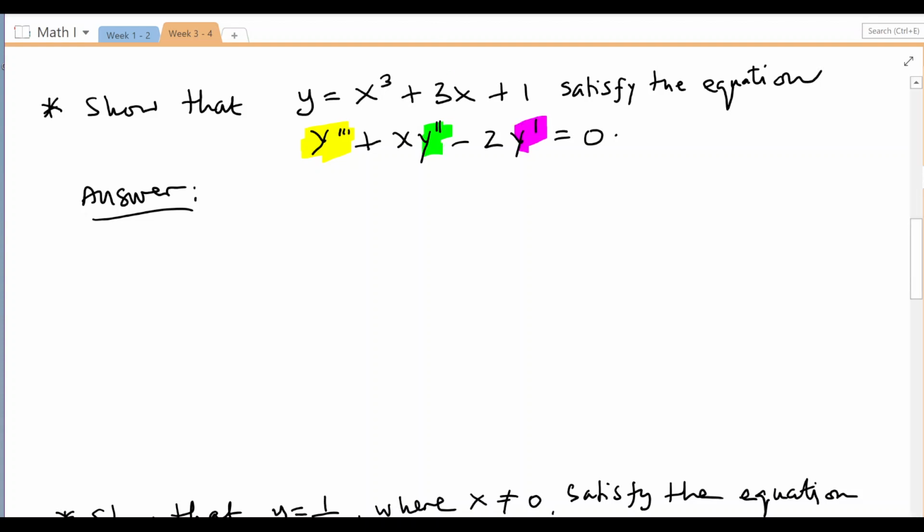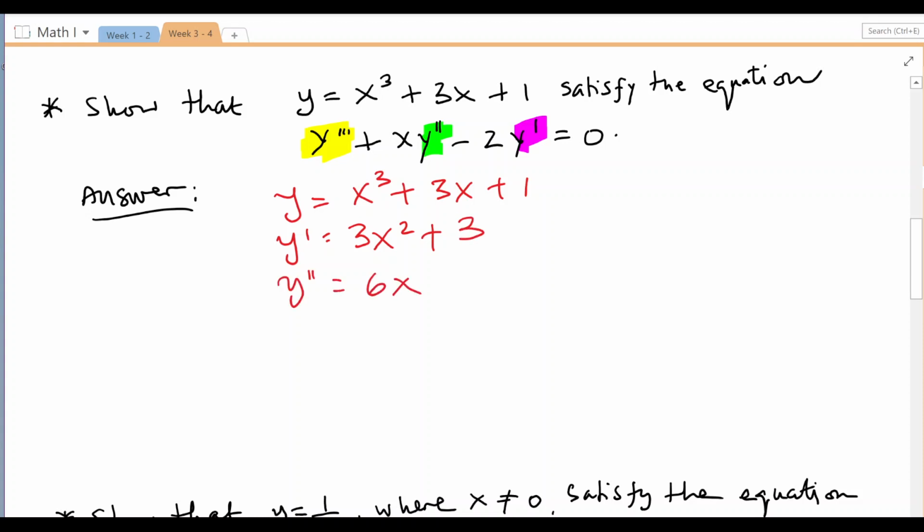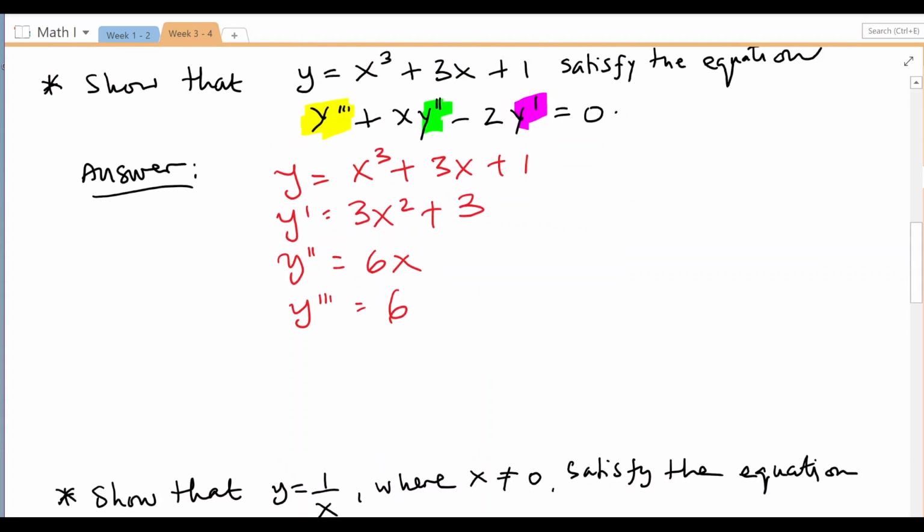Let's write down y equals x cubed plus 3x plus 1, therefore y prime equals 3x squared plus 3, and y double prime is 6x, and y triple prime equals 6. So we have all the information to answer.